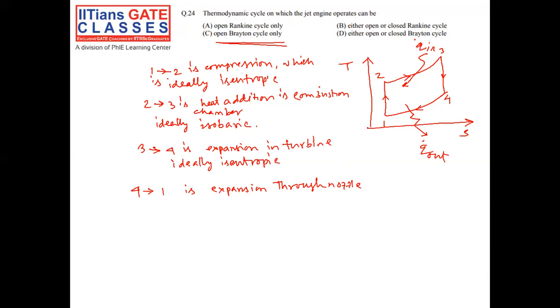There will be losses. Also, 2 to 3, the combustion chamber, will not be taking place at constant pressure, because pressure will drop because of the losses. But for ideal condition, this is the TS diagram, and the answer is open Brayton cycle. So C is the correct option.